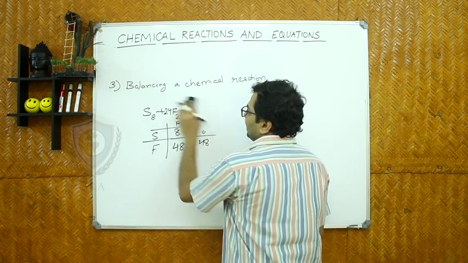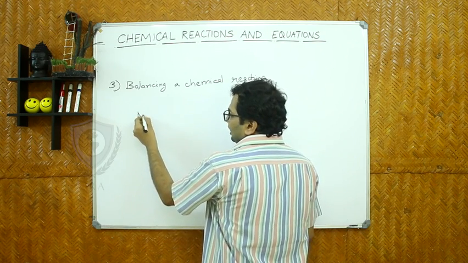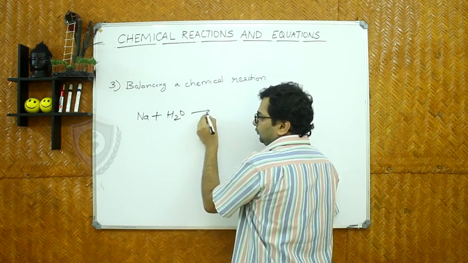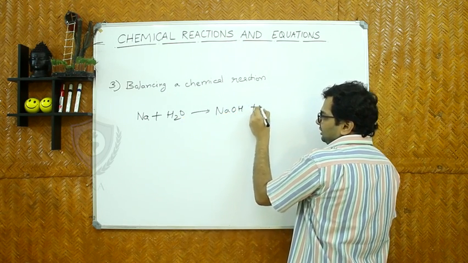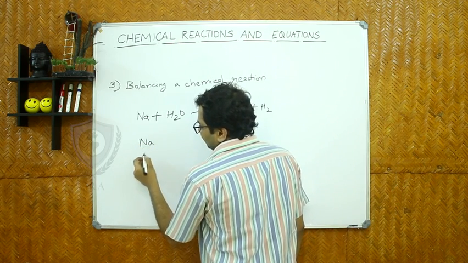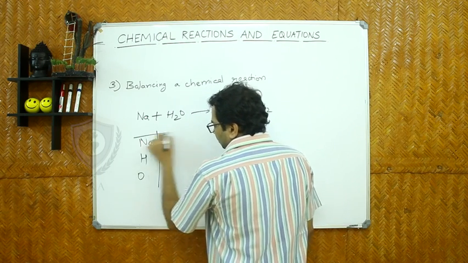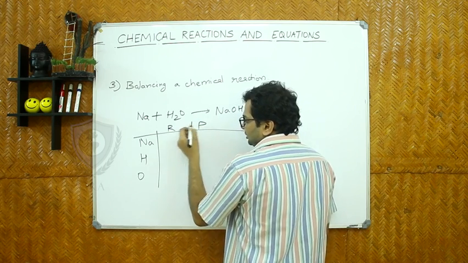Now let's take the last example, where we are looking at Na plus water forming NaOH plus H2. So we have 3 elements here: Na, H and O, right? We look at the reactant side and the product side.